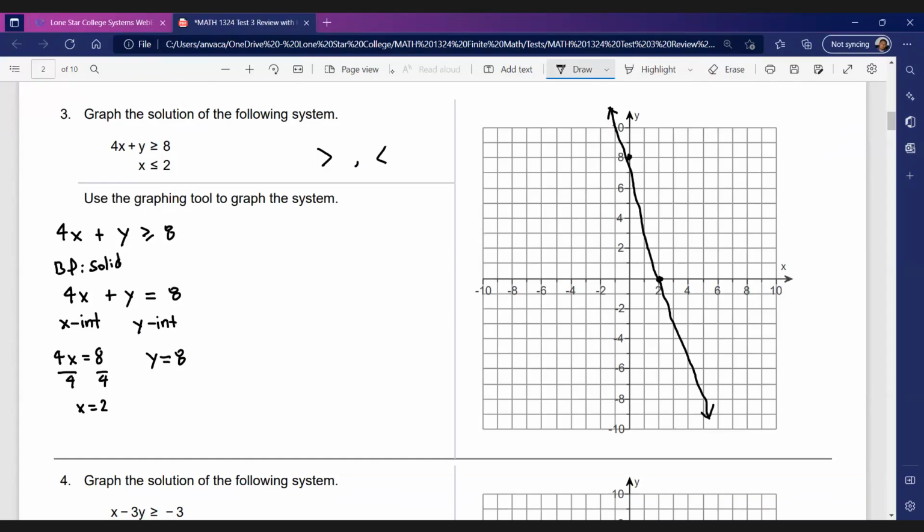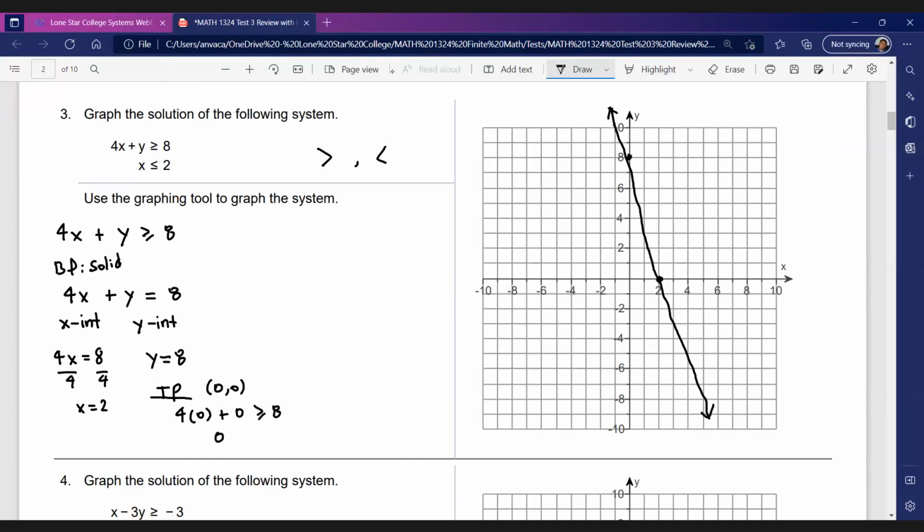And every linear inequality needs to have some shading, a solution set, an area that is colored or highlighted. In order to do that, I always choose a test point that is not on the boundary line. So hopefully you and I can agree that (0, 0) seems to be the easiest test point here. Plug it into the inequality. 4 times 0 plus 0, is it greater than or equal to 8?